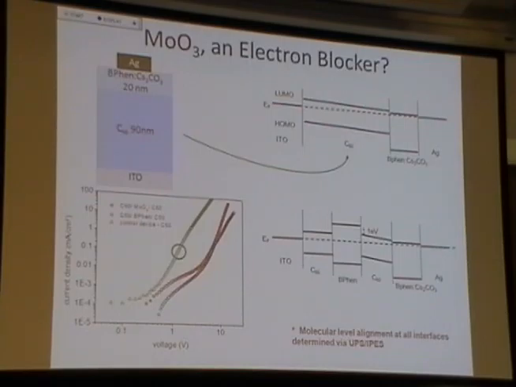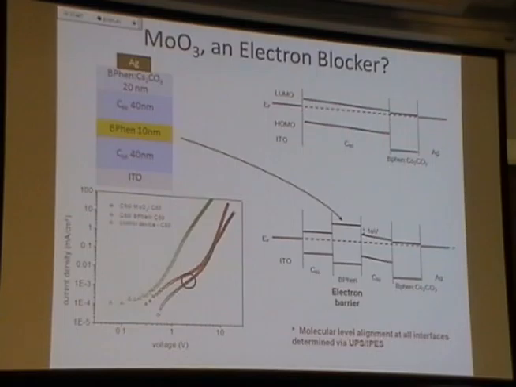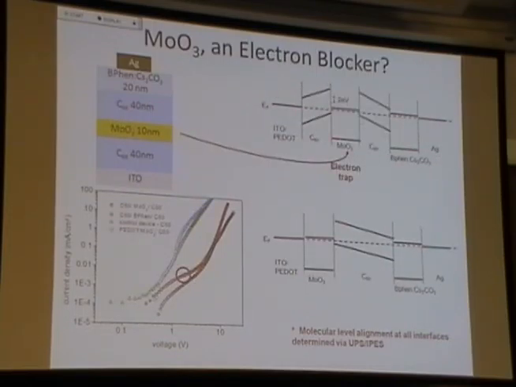So energetically, what happens with your molly oxide? You don't actually have electron blocking from the molly oxide. What you get is an electron trap that sits down here in the middle when you put it in between, but when you put it at the interface with your acceptor in your bulk heterojunction, you actually have a direct pathway for electron collection.